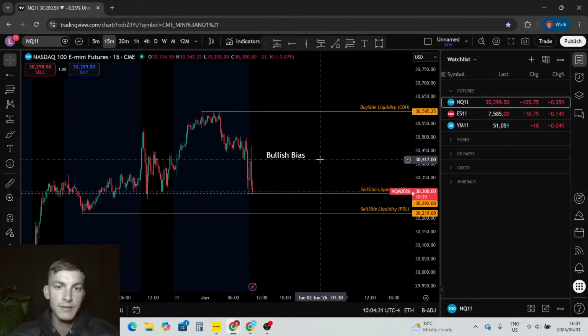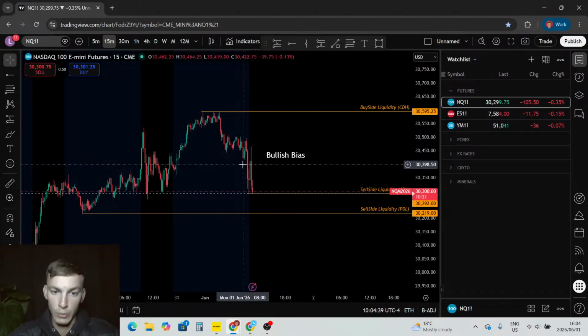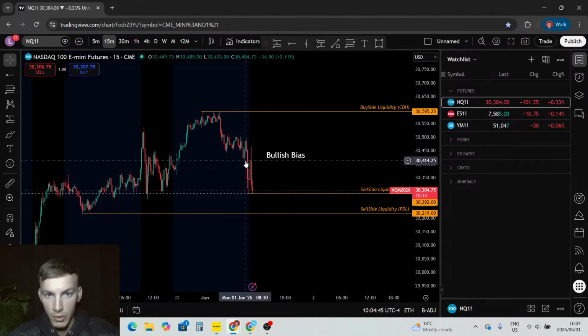So that in itself, right now, still does not signal enough for me to want to get in a trade. If, however, we look at the 15 minute, we can clearly see that the market structure is currently supporting bearish movement.